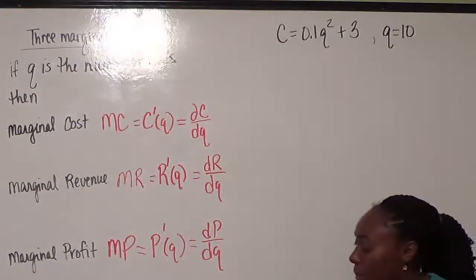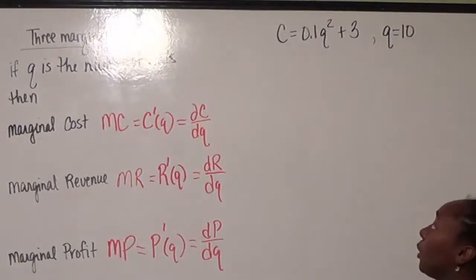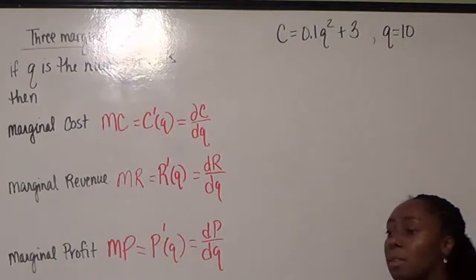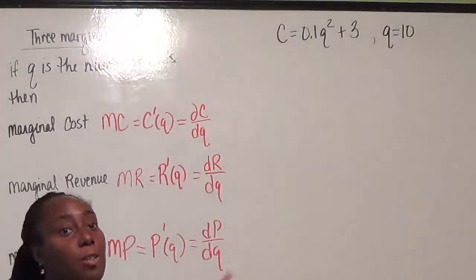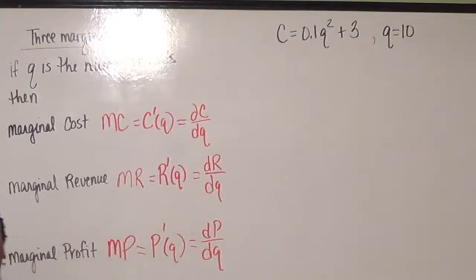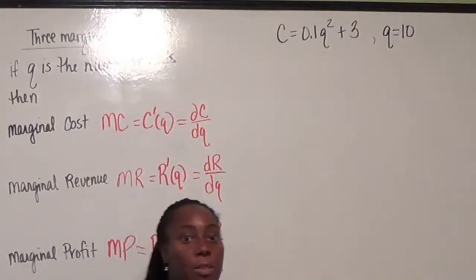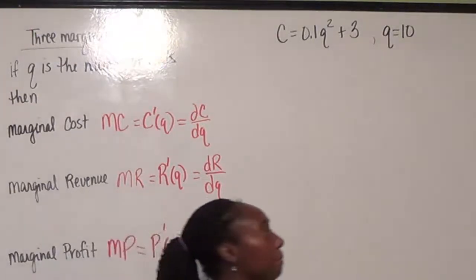So in this example, given our cost function, C equals 0.1 Q squared plus 3, we want to first find the average cost when there are 10 units. Then we want to look at the marginal cost and figure out the marginal cost when there's 10 units. And we want to compare those numbers and just see what's going on there.